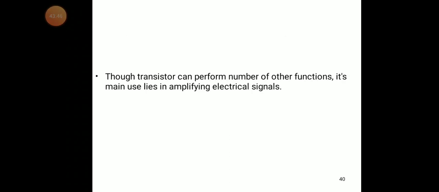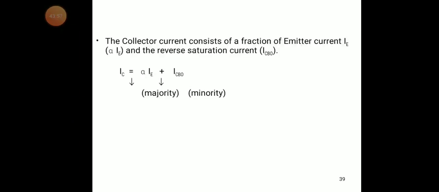Though a transistor can perform a number of other functions, its main use lies in amplifying electrical signals. So like this, we have the majority current and the minority current.